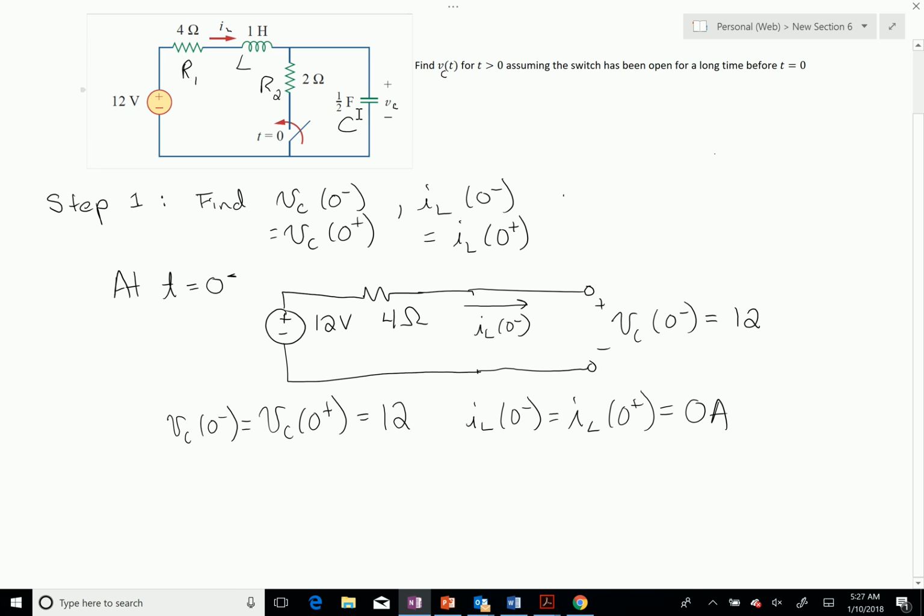So that gives me one of the initial conditions that I'm going to need. Remember, like we talked about in class, I want to solve for the capacitor voltage, which means that I need an initial condition not just for the voltage, but also for the derivative of the voltage.